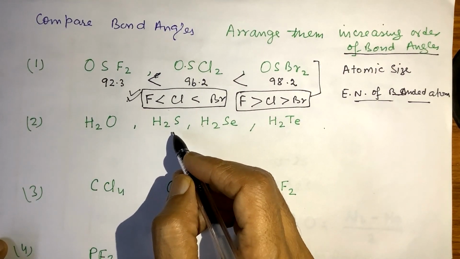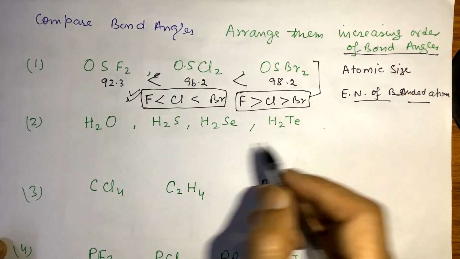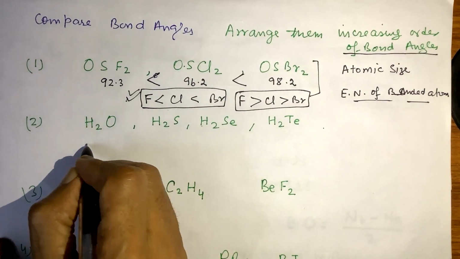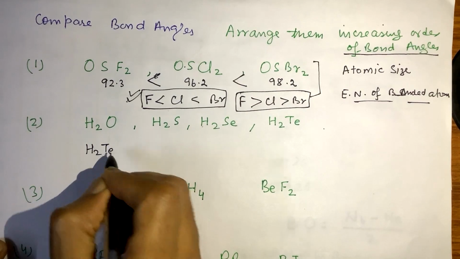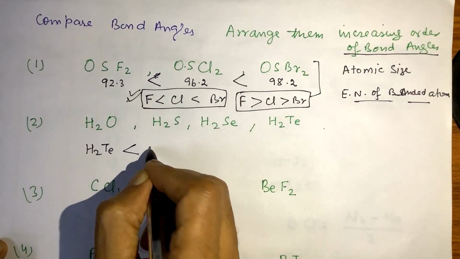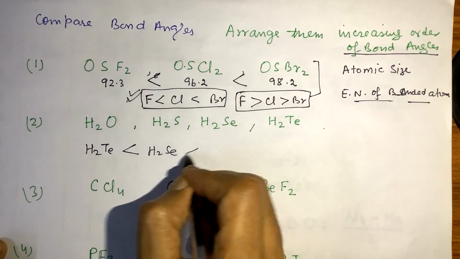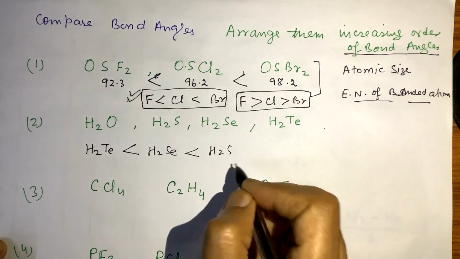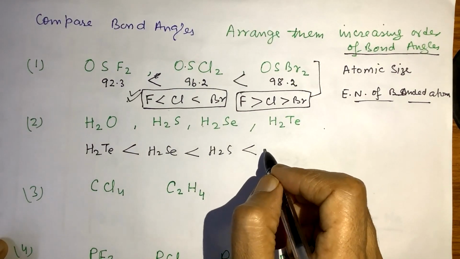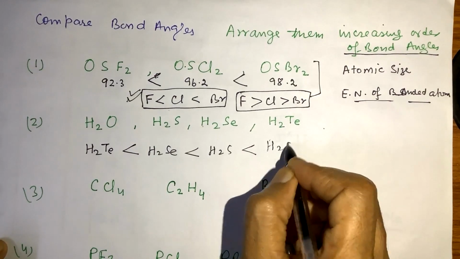H2O, H2S. Here the correct solution is H2Te less than H2Se less than H2S less than H2O.